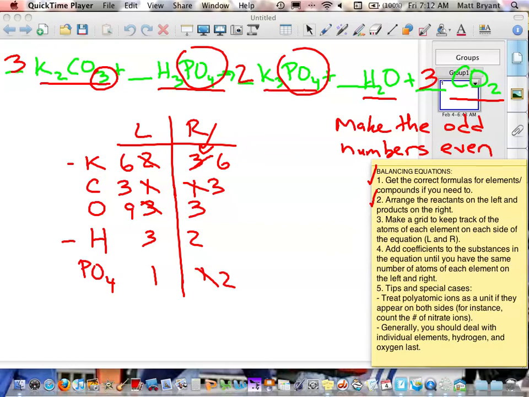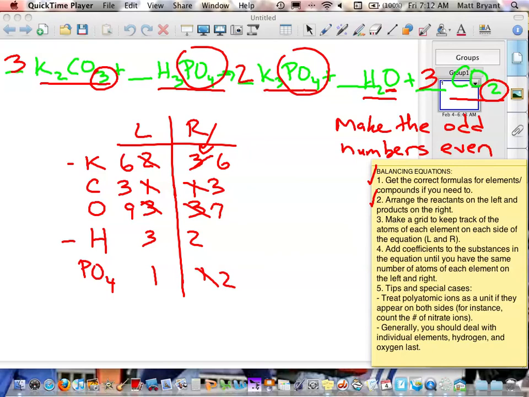So we now have 3 carbon atoms, so carbon's balanced. We now have, outside of phosphate rather, 3 times 2 is 6 oxygens, plus the 1 in water gives us 7 oxygen atoms. That's going to be a little tricky, but let's see what else we need to do.